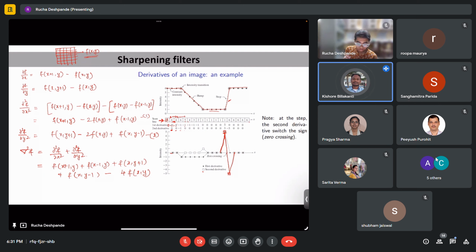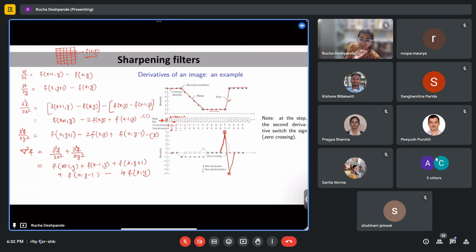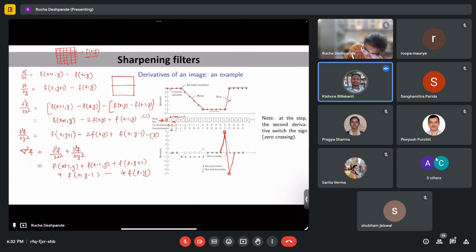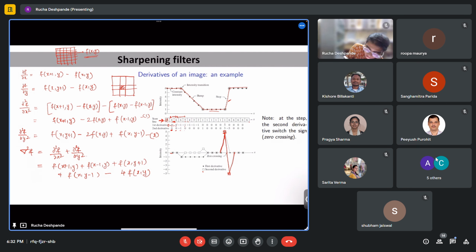Here, the first line, df by dx is equal to f of x plus 1, y minus f of x, y. Is this the first derivative? Yes, this is the first derivative along the x direction. This is my central pixel, so this will be f of x comma y.